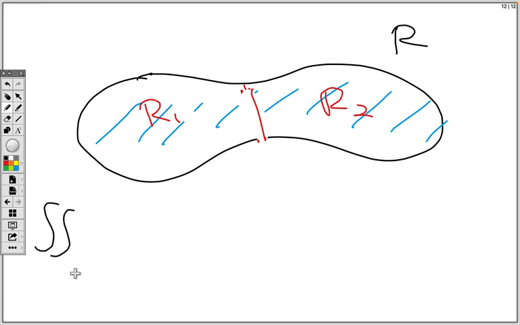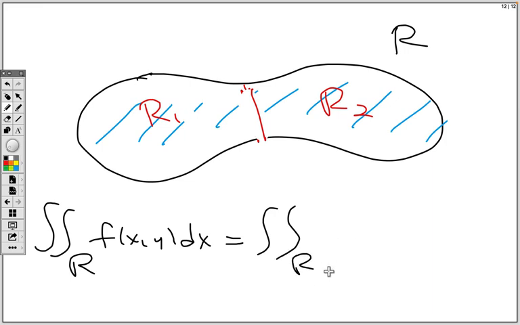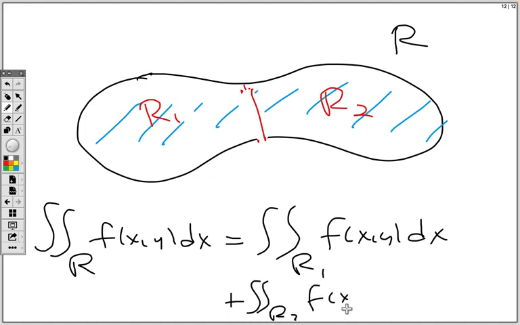Then if you're trying to figure out the double integral over R, then you can just integrate over R1 and then integrate over R2, as long as their overlap has zero area, meaning that the corresponding volume then would be 0 too. So this is just the multi-dimensional version of the additive interval property.